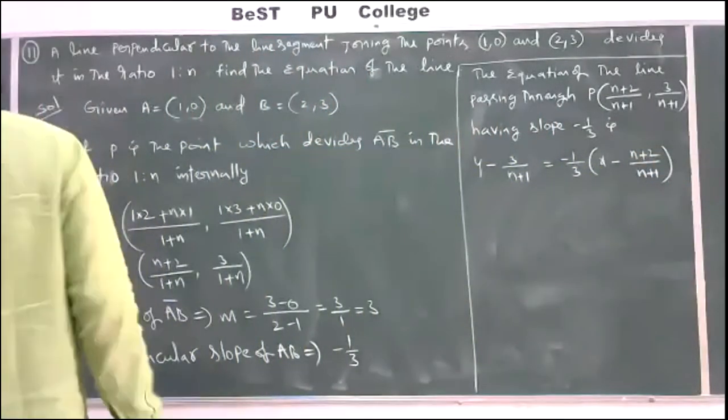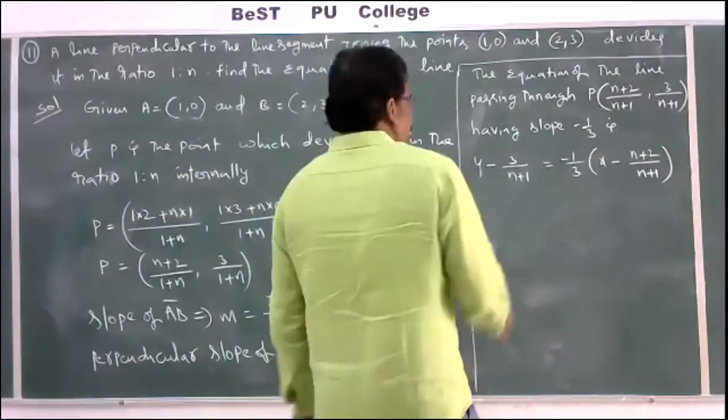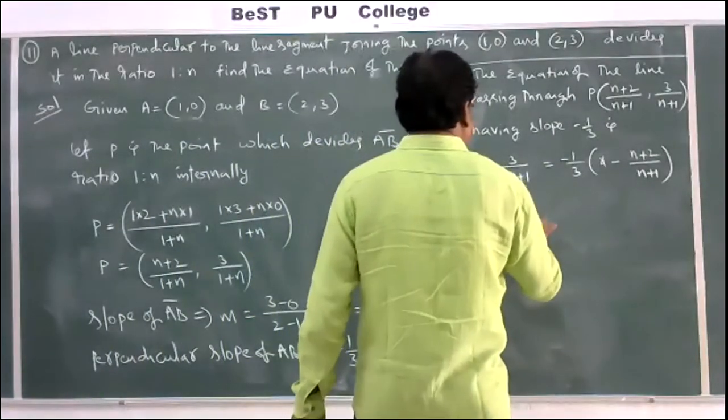We are doing the simplification carefully. So here n plus 1 is the LCM.